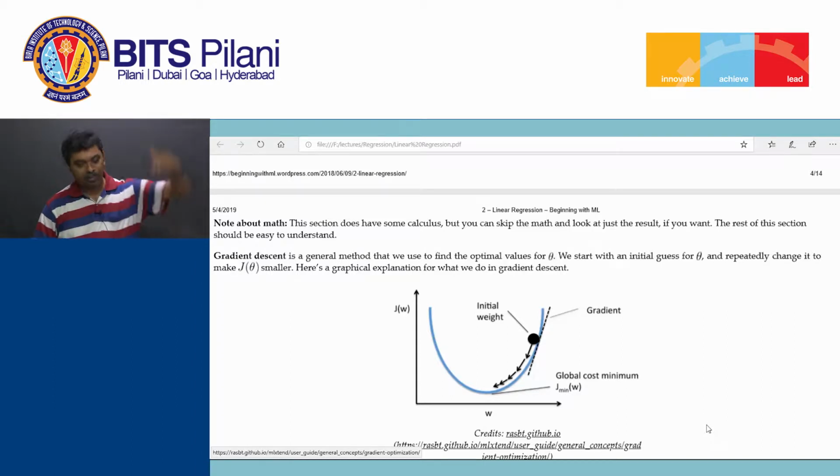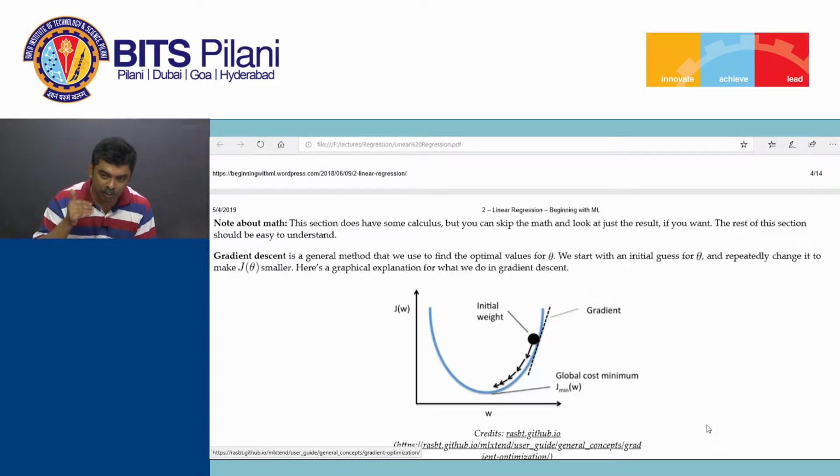It will go up and then again come down, go up, again come down. Assuming there is no friction and other things, it will move in a periodic fashion, and finally settle down.